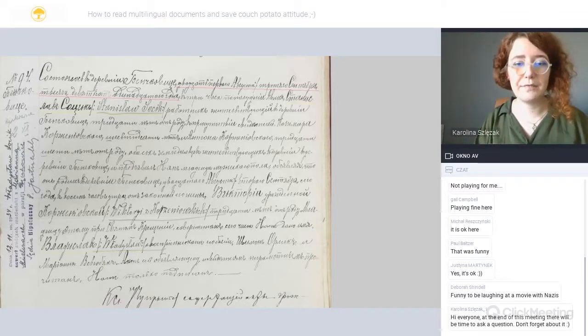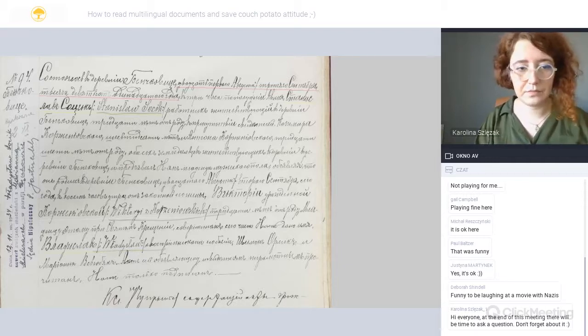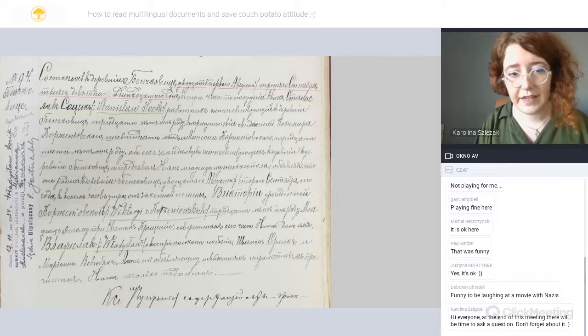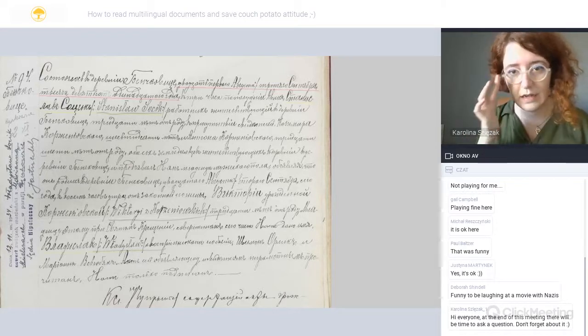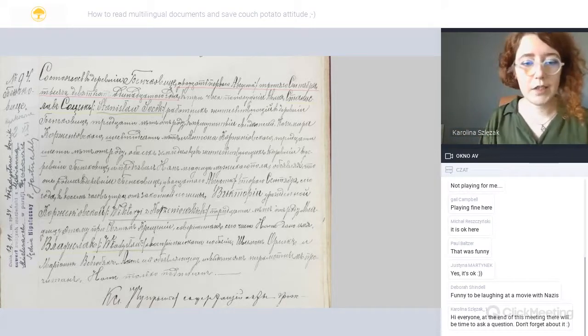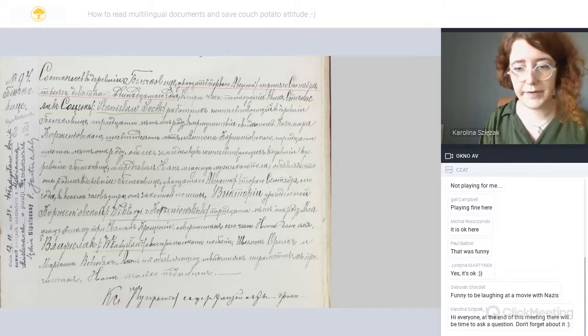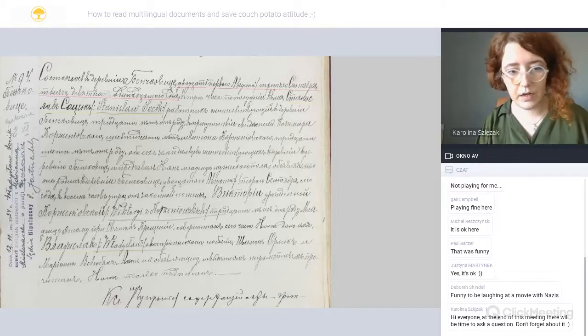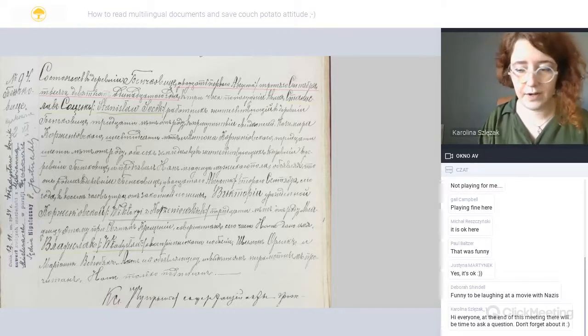So Wiktoria was a wife of Stanisław Socik, who came to report the birth of his son, that was Władysław. And here at the bottom we see the name Władysław.